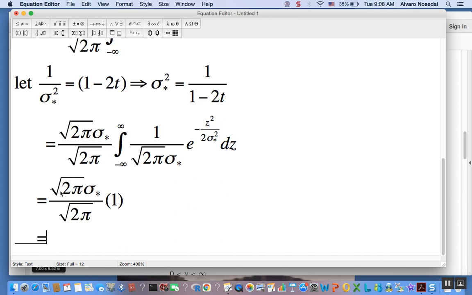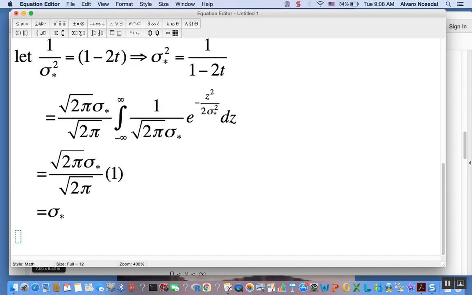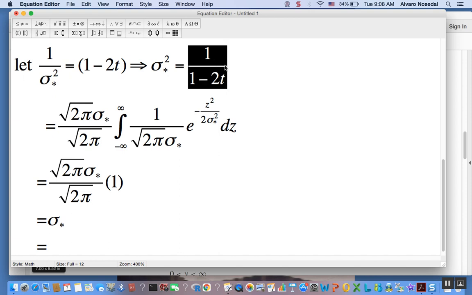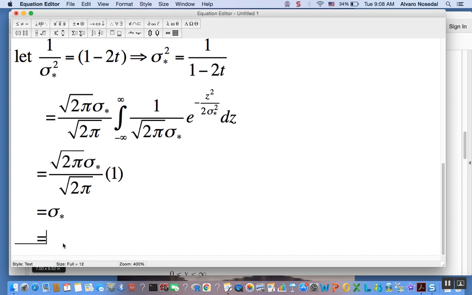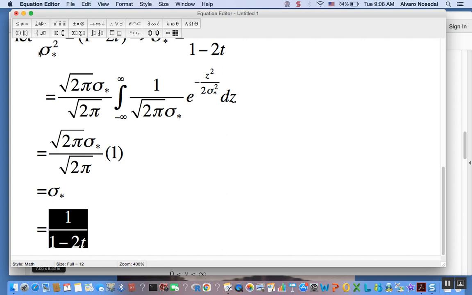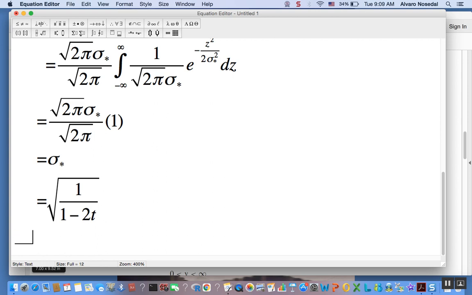And then we can do a little bit of algebra. These guys will cancel out, so we only have sigma star squared, but guess what? That guy happens to be the square root of this expression we have here. Let me rewrite that guy like this.